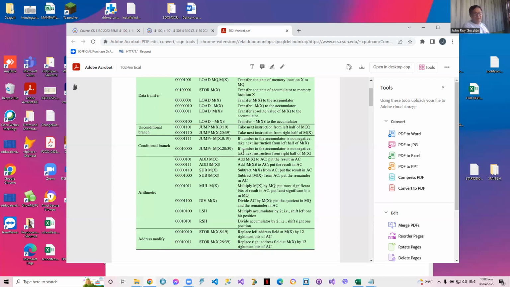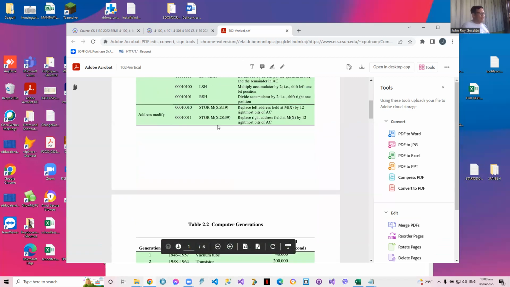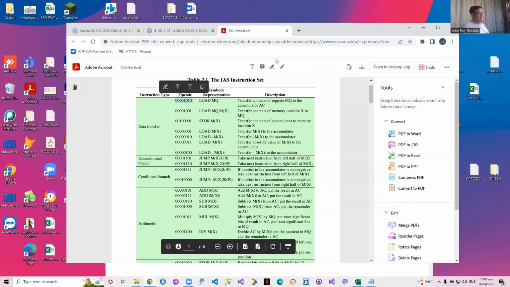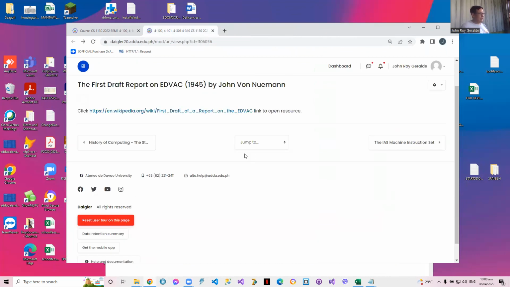So there's a problem there. Anyway, we will solve the problem. So there's store and store instruction to the left or store the instruction to the right. Any questions so far? So that's the instruction set.